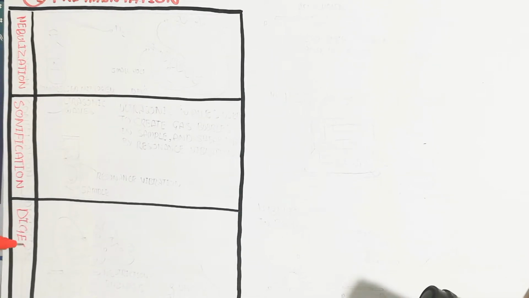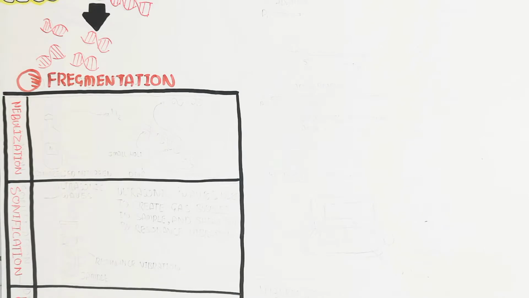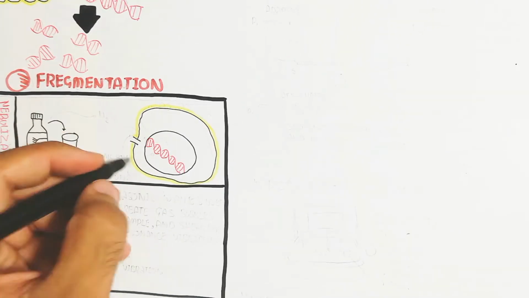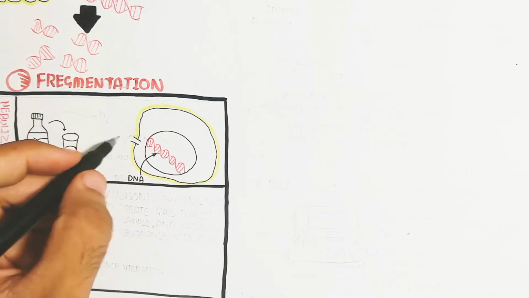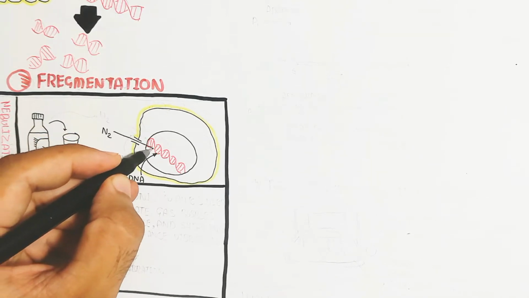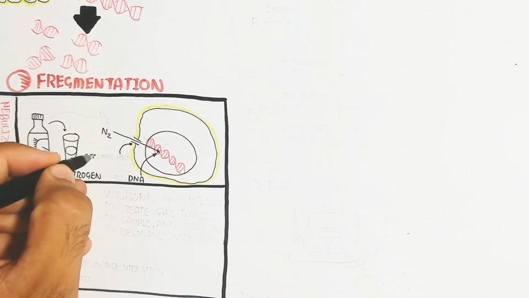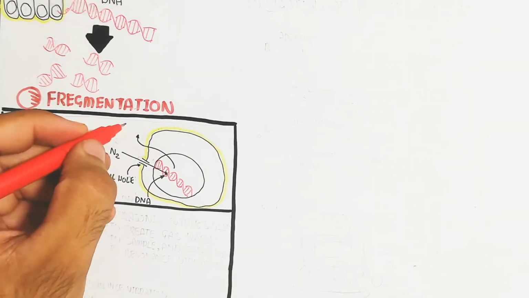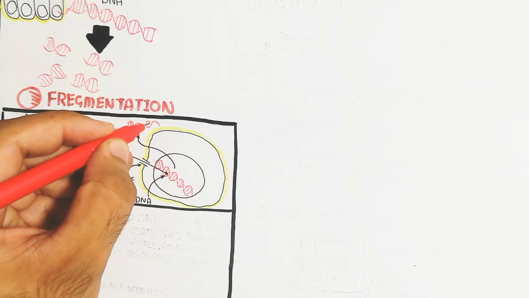In this method, compressed nitrogen is forced through a small hole to target the DNA for cutting, creating fragments. All this happens as you can see in this diagram.